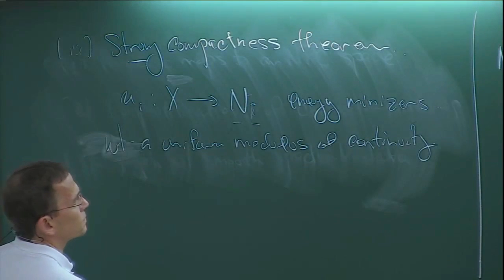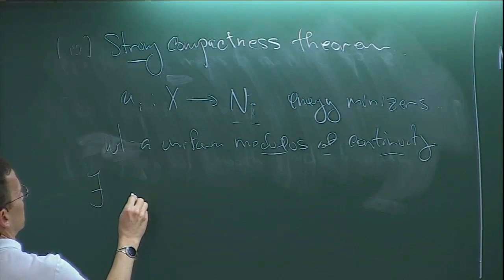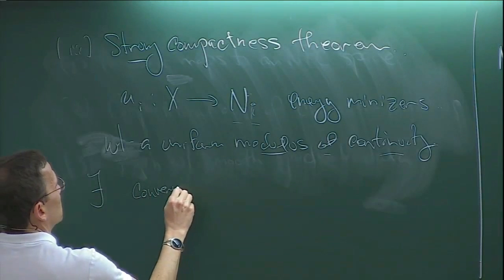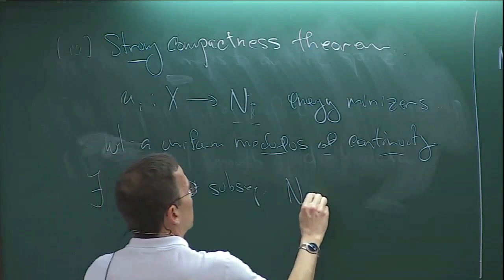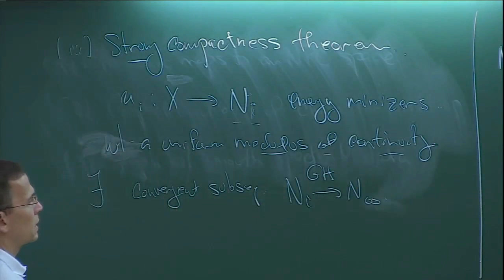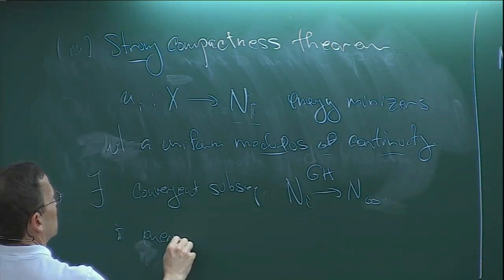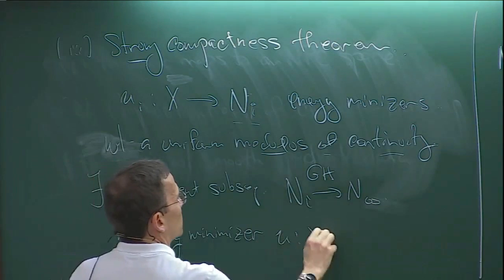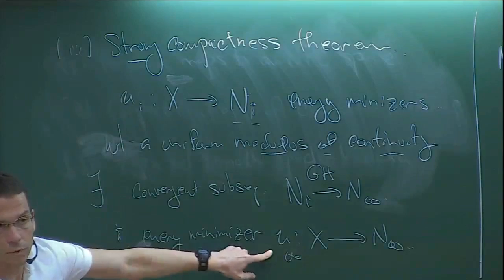Then there exists a convergent subsequence N_i to N_infinity, where this is convergence in the Gromov-Hausdorff sense, and an energy minimizer u_infinity from X to N_infinity, and these maps converge also in the Gromov-Hausdorff sense.